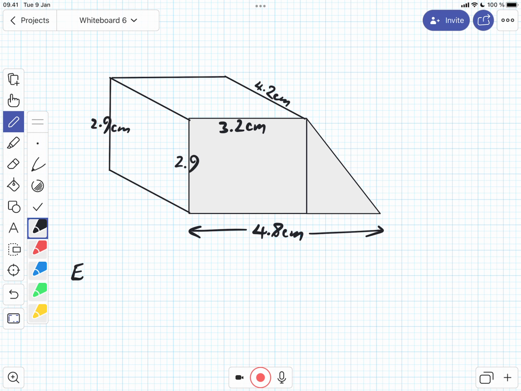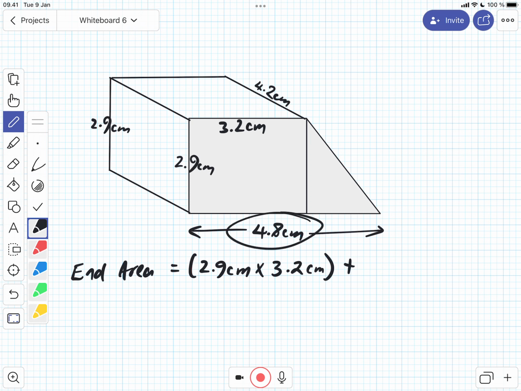So the end area is the rectangle area, which is 2.9 centimeters times 3.2 centimeters, plus the triangle area. Well, if it's 4.8 along the bottom here and 3.2 along the top there, then this bit must be 1.6. It's still got a height of 2.9.